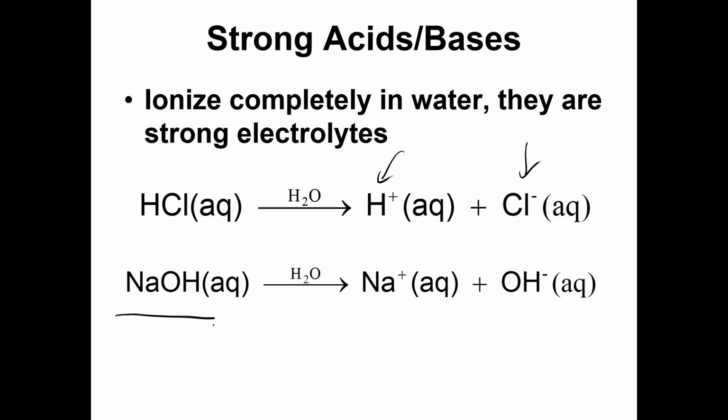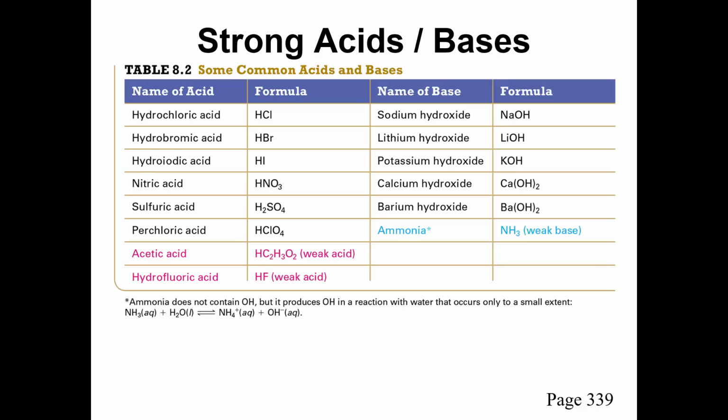And all of the soluble hydroxides will do the same. They will split into metal ions, like sodium ions, and then hydroxide ions. And it's the hydroxide that makes it a base, and it's the H plus, the proton, that makes it an acid. And they can react to form salt and water, or water, H plus and OH.